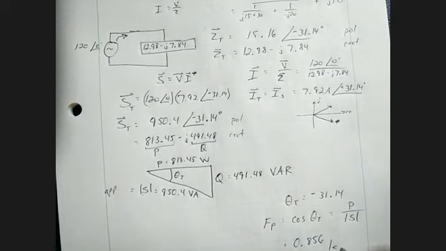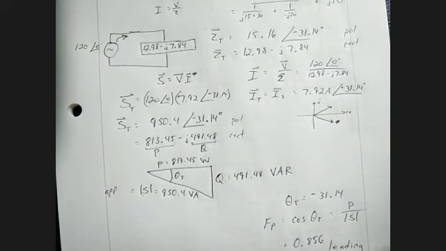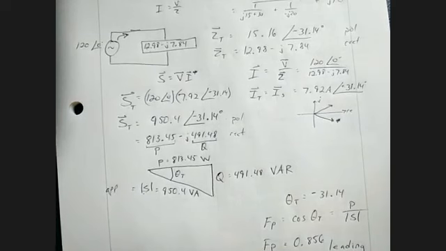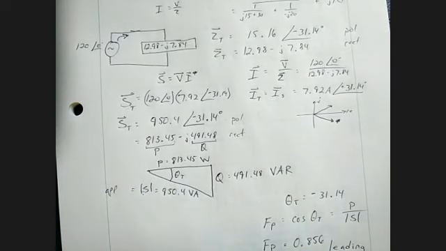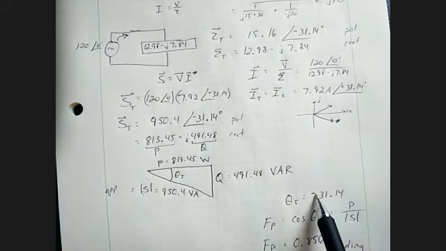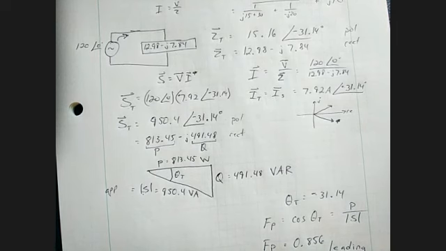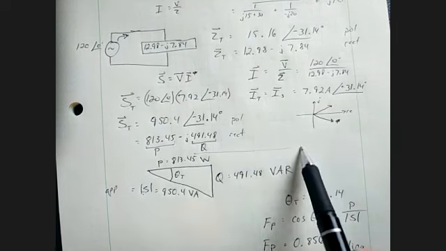And this is a leading power factor because it is a capacitive circuit. It tells us the relationship between I and E. So if you need to remember, I when it leads E spells ICE, C is capacitive. The other way you could do it is just memorize: if you have a negative theta angle, you have a leading power factor. And with that, we have our final answer right here.